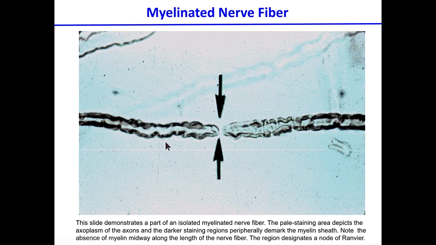In other words, the cytoplasm of the axons. And the break, the discontinuity here is what is called the node of Ranvier. There is no myelin in there. And because this is a stain directed to the myelin, therefore this portion here doesn't stain. Okay?